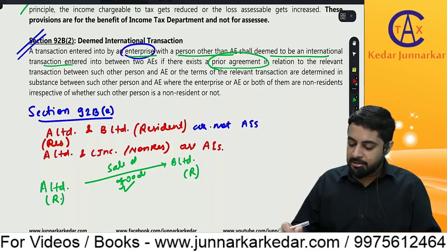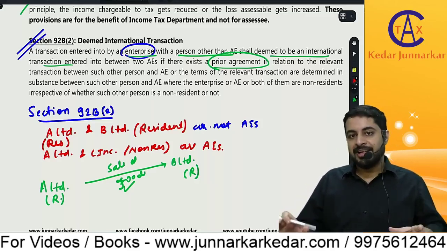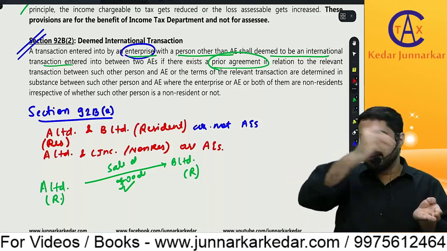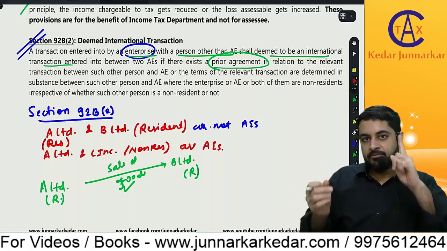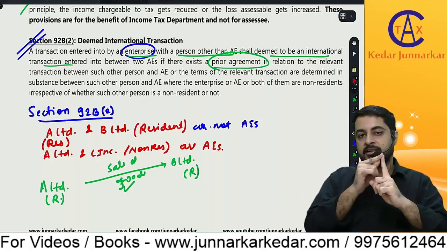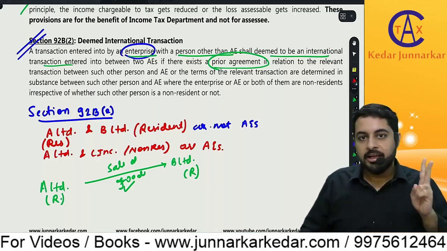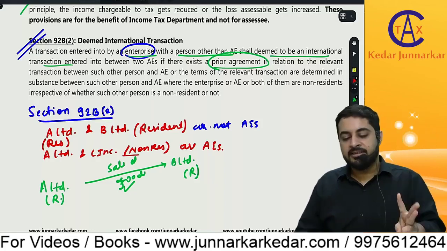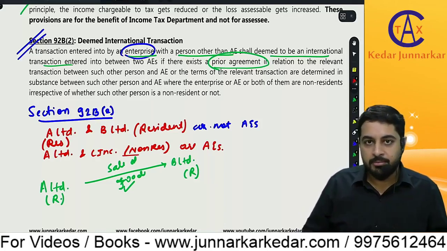This lecture is basics, we are clearing our basics. If A Limited sells to C Inc., then transfer pricing provisions will apply. Why? First condition, the transaction is of sale, which is income. Second, at least one party to the transaction is non-resident. C Inc. is non-resident. And third, there is. Since all the conditions are fulfilled, transfer pricing provisions would apply.